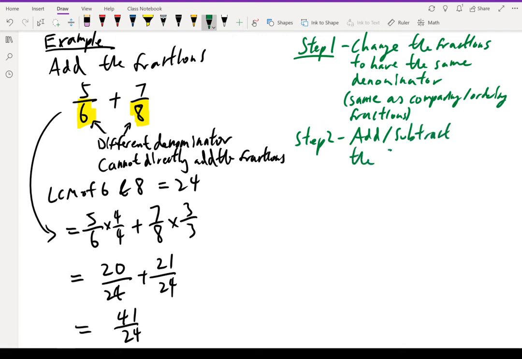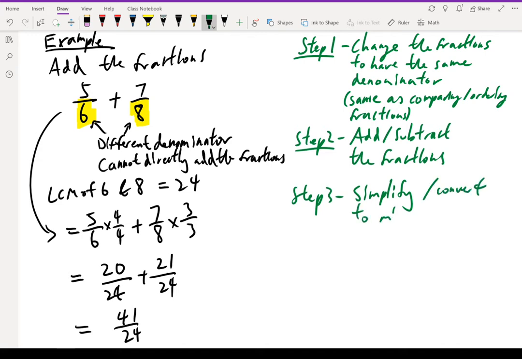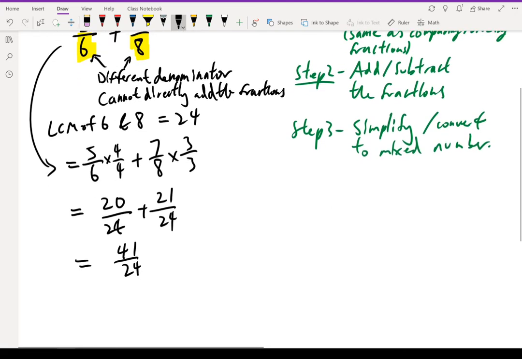Step 2, once we change it, is we can add or subtract the fractions. And then finally, for step 3, we have to simplify or convert to mixed numbers. Over here we have to convert this to a mixed number.